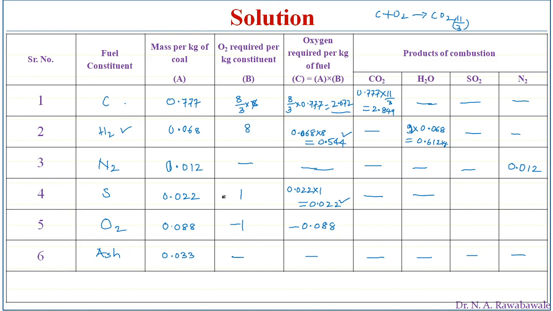Combustion of 1 kg of sulfur in the presence of 1 kg of oxygen produces 2 kg of sulfur dioxide. So we multiply 2 into 0.022, which produces 0.044 kg of sulfur dioxide, and no nitrogen is produced by combustion of sulfur.